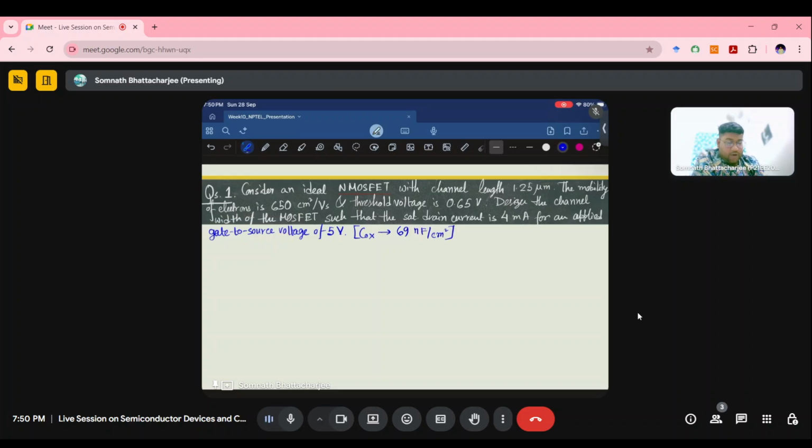So we have to find the value of W. We know the value of L, we know the value of mu, we know the value of Cox, and I guess we know the value of VGS and VDS as well. We just need to know the value of W. Okay, do this. It will take a minute, I guess.